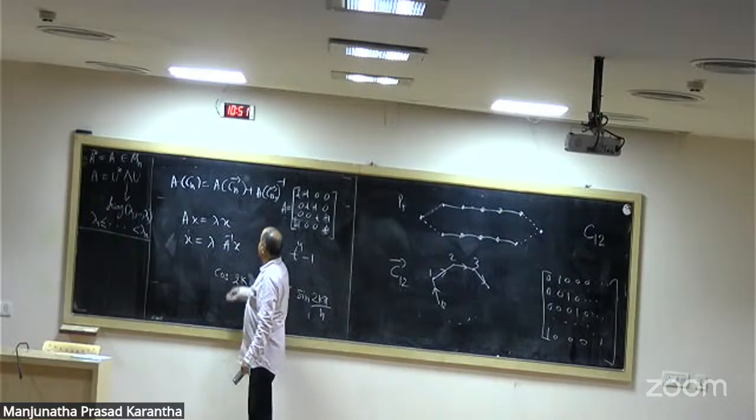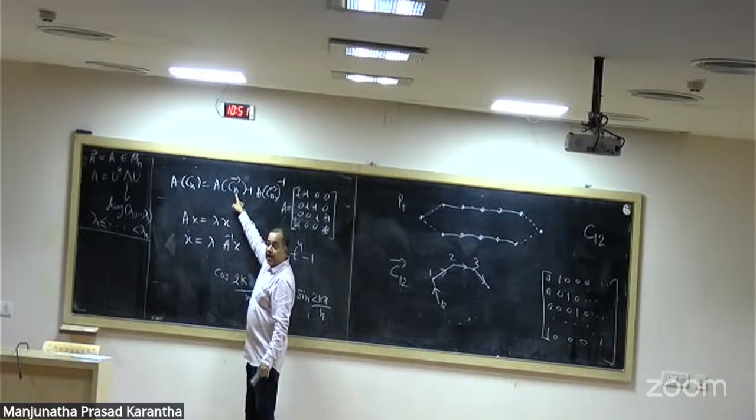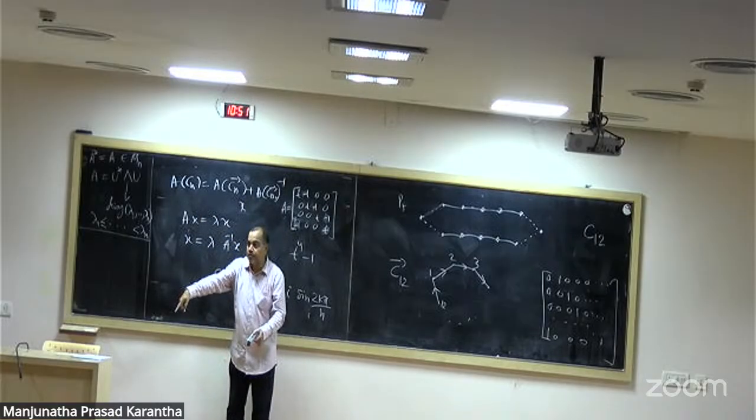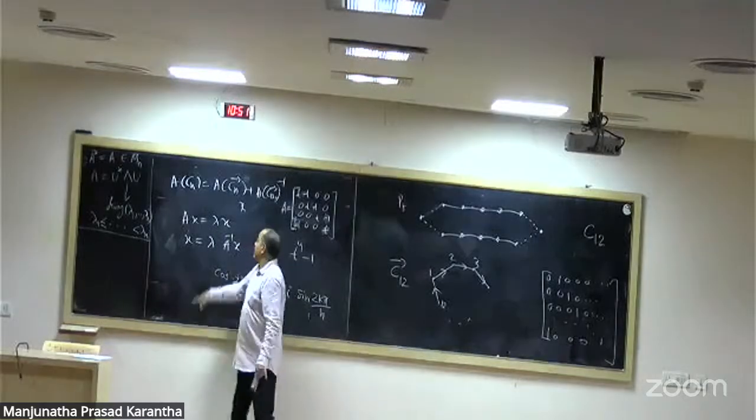Because you take the vector x, earlier you were getting lambda, now for this you will get lambda plus 1 by lambda. That is the eigenvalue.